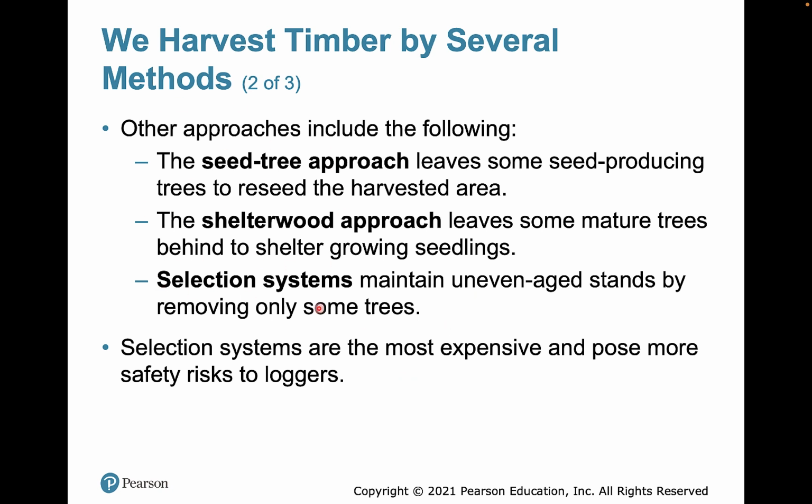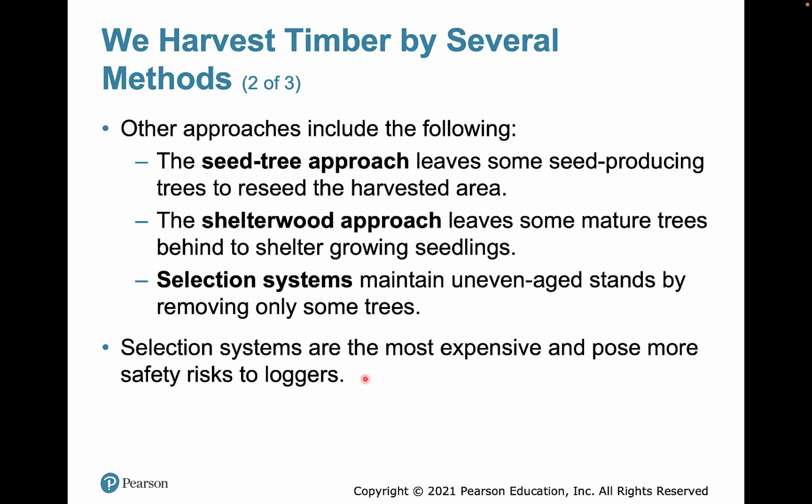These systems are expensive, okay, because instead of having the big machine that just goes in and mows everything down, you've got to go in and choose the trees, and then you have to have the right equipment to harvest the trees, and then you have to have the right equipment to pull the trees out.